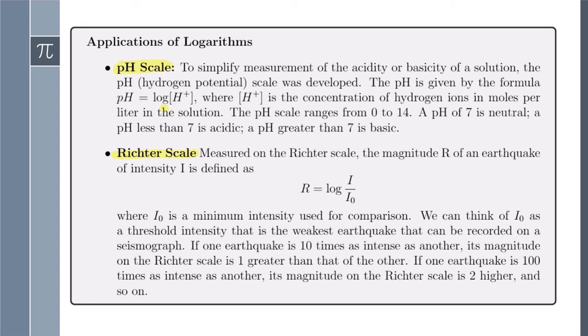The pH scale ranges from 0 to 14. If the pH is 7, then it's a neutral solution, like pure water, neither acidic nor basic. It is acidic if the pH value is less than 7, and as it gets closer to 0, it becomes more and more acidic. Similarly, if it is greater than 7, then it is basic, and as it increases, it becomes more and more basic.